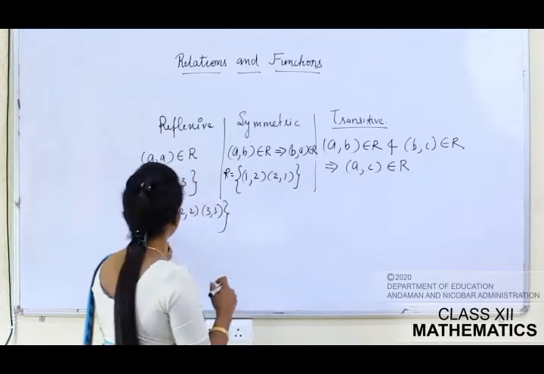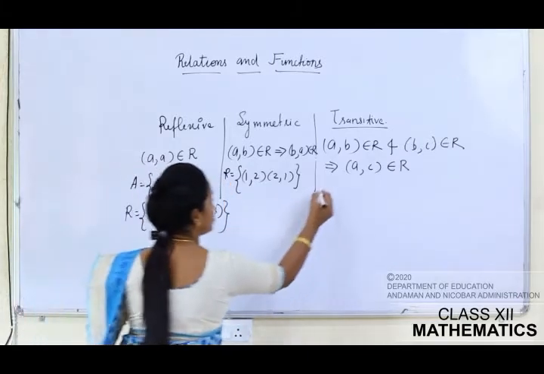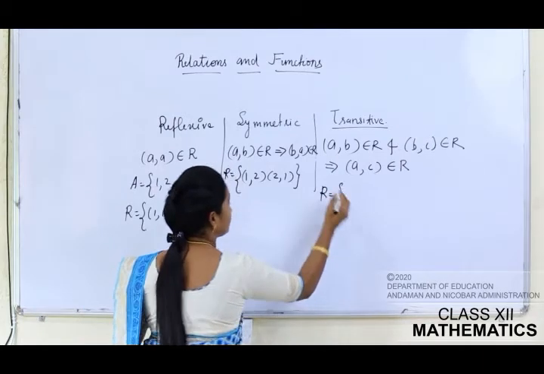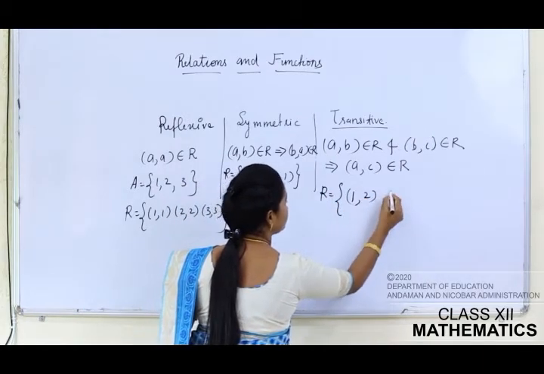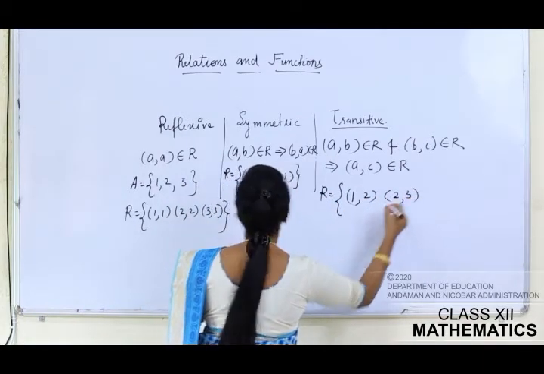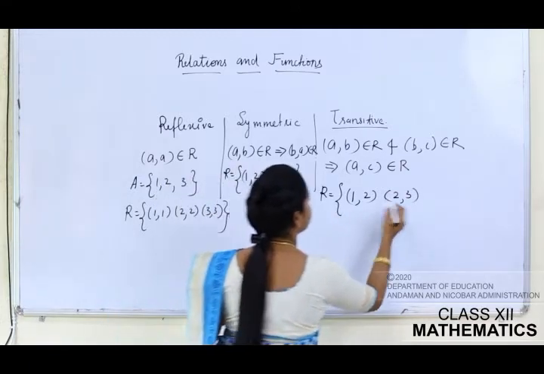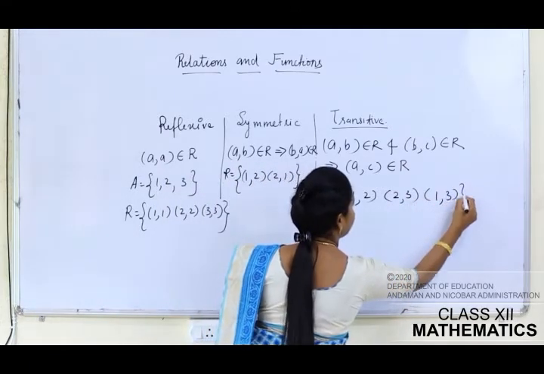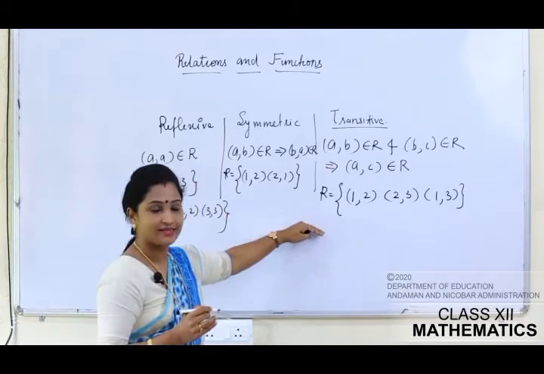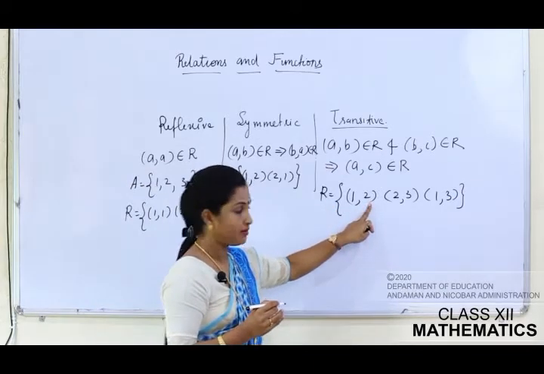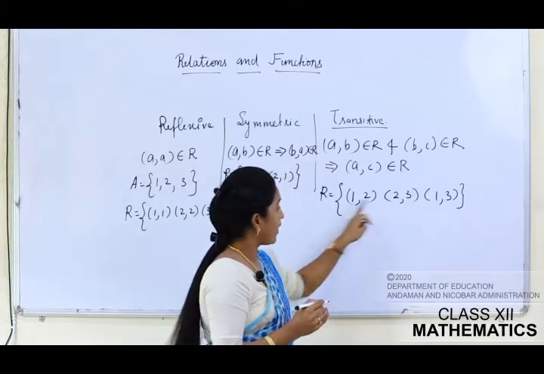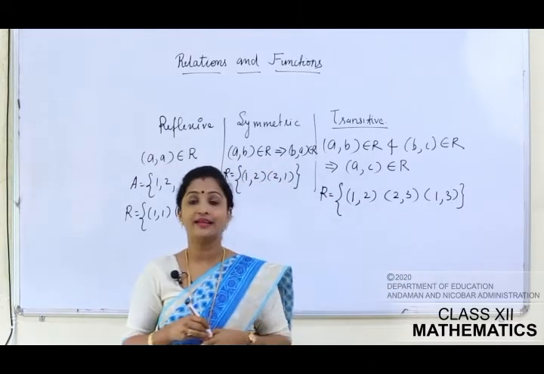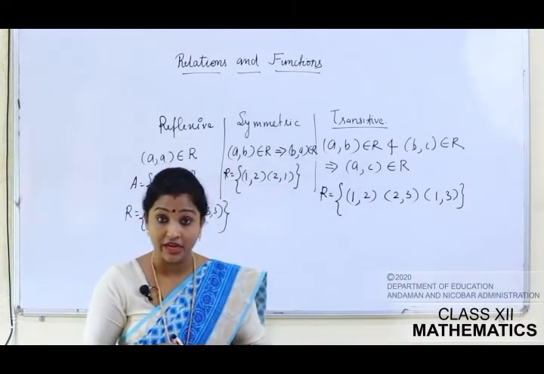For example, from the same example, suppose you are getting R = {(1, 2), (2, 3), (1, 3)}. See, (1, 2) is there, (2, 3) is there and (1, 3) is also there. Then you can say that this relation is a transitive relation.